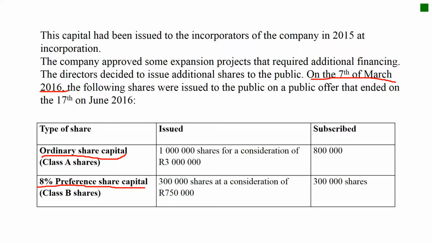They issued 1 million shares for a consideration of 3 million, that is ordinary share capital. Of these, only 800,000 shares were subscribed, meaning that the offer was undersubscribed by 200,000 shares.